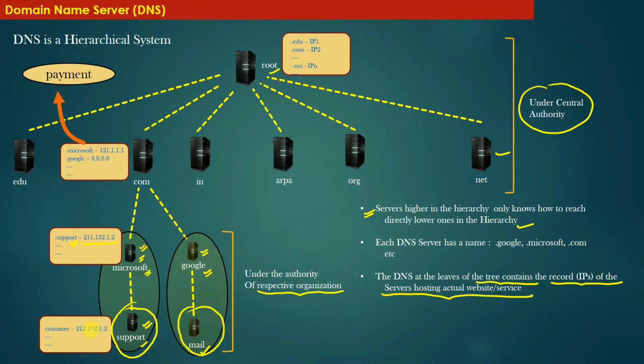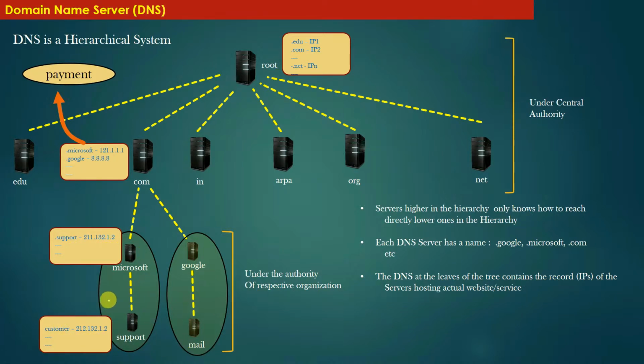Now, if you look at the DNS database of the support DNS server, it stores the IP address of the server whose name is customer. So within the Microsoft network, there will exist a server called customer whose IP address is 212.132.1.2.